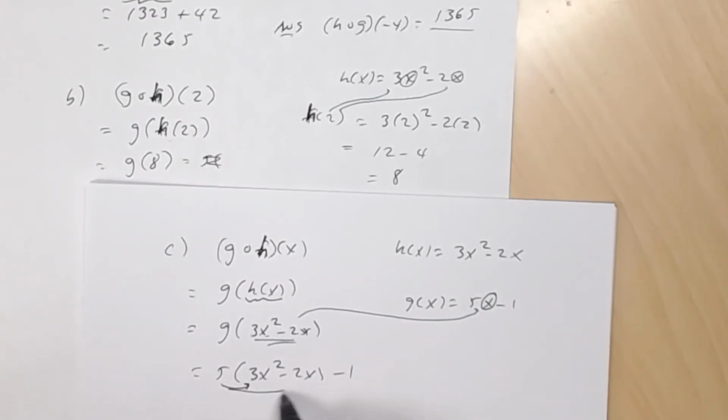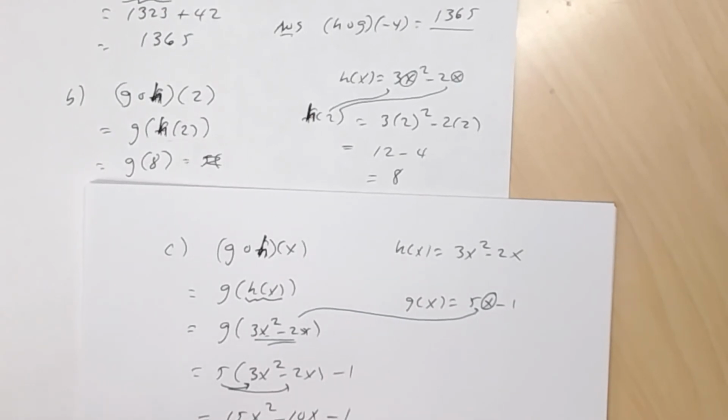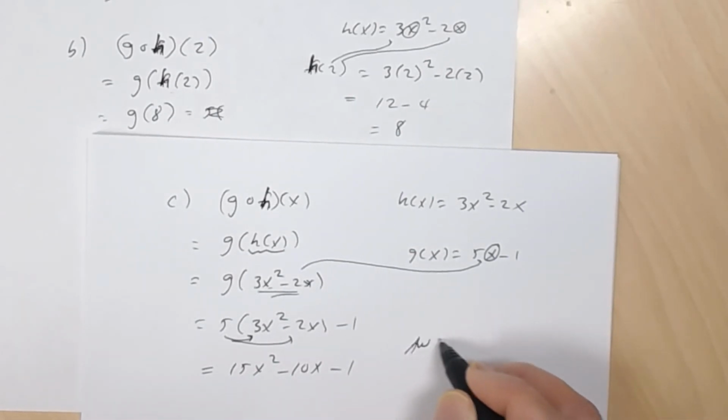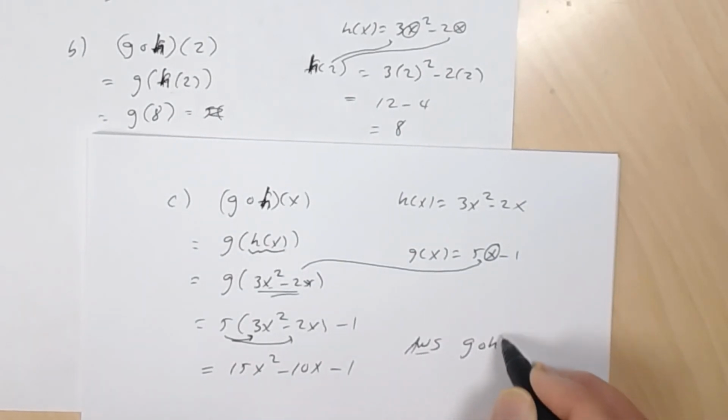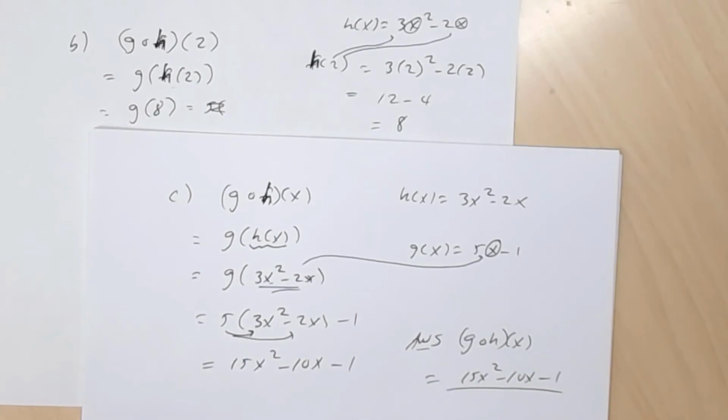And so now distributing, I get 15x squared minus 10x minus 1, and there's nothing else you can do. Those are not like terms. So therefore your answer, G composed with H at x, is going to equal 15x squared minus 10x minus 1.